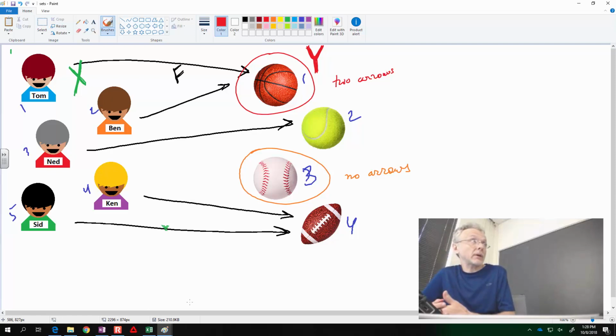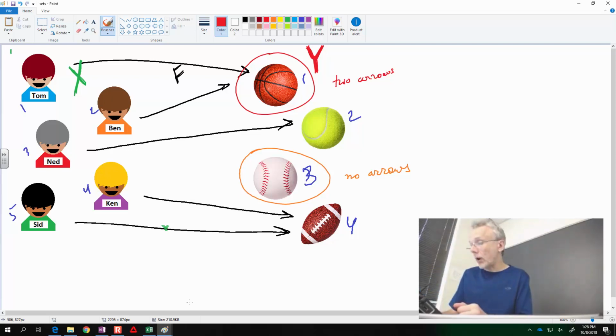Either there is a y with no corresponding x. So the output for baseball, there is no one choosing to play baseball on that particular day by these particular boys, and as you can see, there is no arrow arriving to it. That's just a way to visualize it, but we say that there is no input that produces this output, so it's like a wasted output.